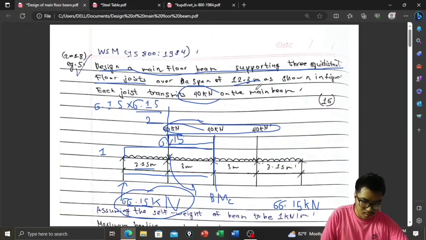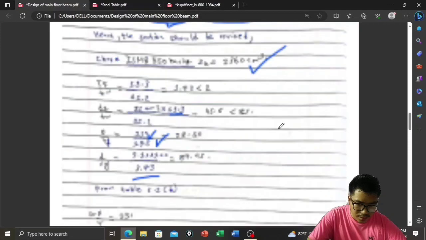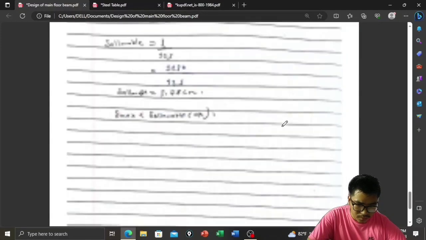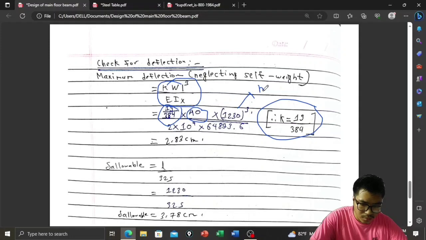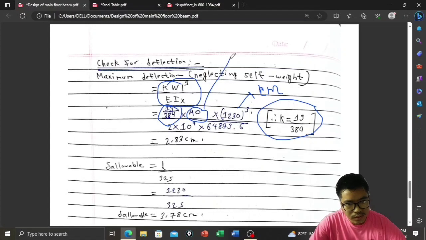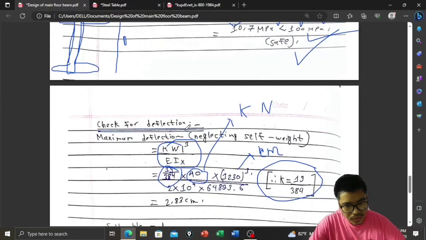This 12.3 into 100 is 1230, so 1230 is in centimeter. 40 is in kilonewton, and this is IX, 64893.6 from steel table.